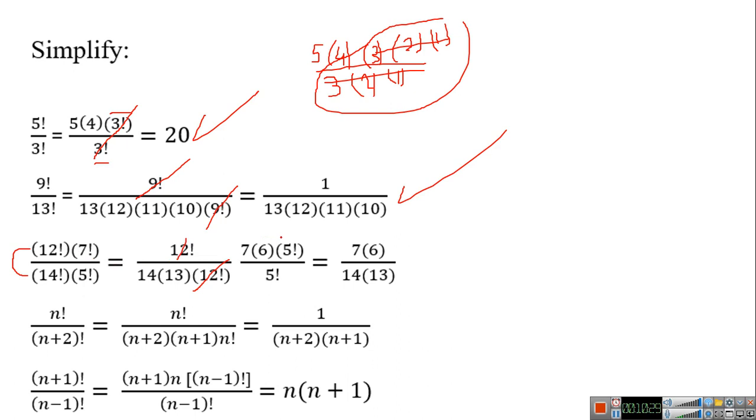I have 7, 5. 7 is bigger, so 7, 6, 5 factorial over 5 factorial, so remains 7 times 6 over 14 over 13. So you can simplify 7 and 14, you can write 6 over 26. And you can simplify also the 2, so 3 over 13.